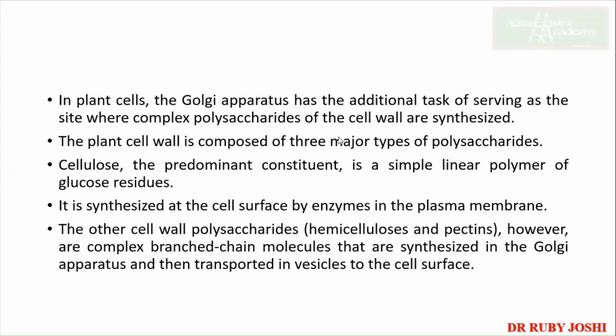The plant cell wall is made up of major polysaccharides like cellulose, a simple linear polymer of glucose residues, which is synthesized at the cell surface by enzymes in the plasma membrane. You can imagine that cellulose, hemicellulose, pectins, whatever is present, are synthesized in the Golgi, transported in vesicles to the cell surface, where with the help of these enzymes they keep adding to the cell wall.